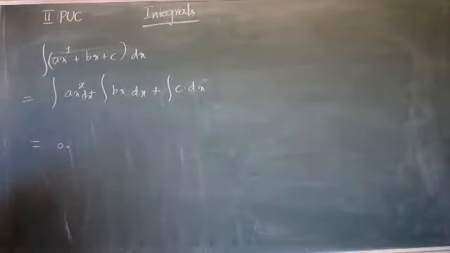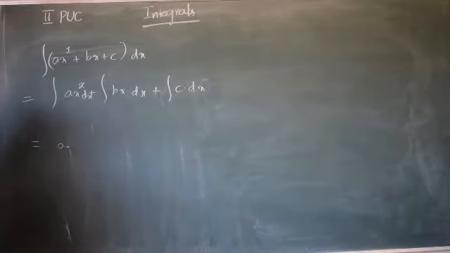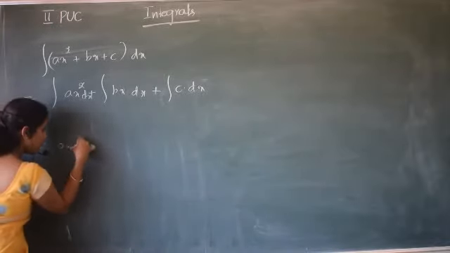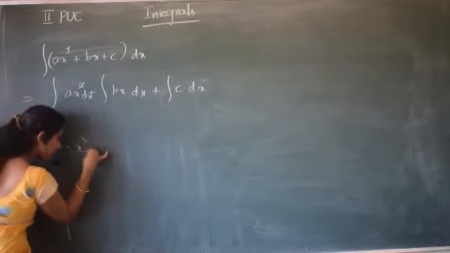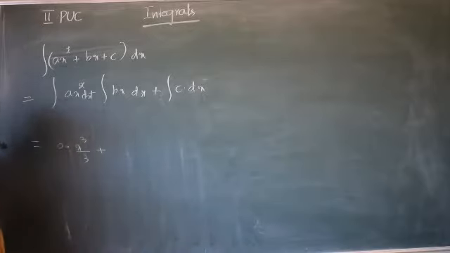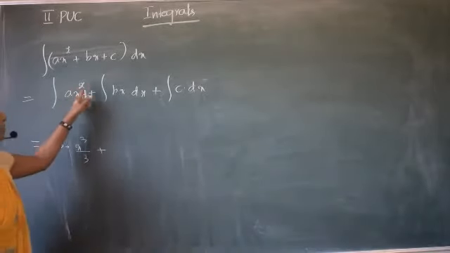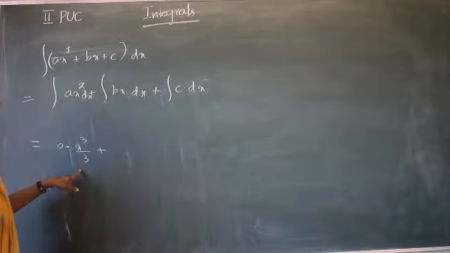What is the integral of x square? X power n plus 1 divided by n plus 1. Therefore that will be x to the power 3 by 3. Now you know how it is 3 by 3: 2 plus 1 divided by 2 plus 1. So directly I have written a 3. No need to write again and again after solving many problems.